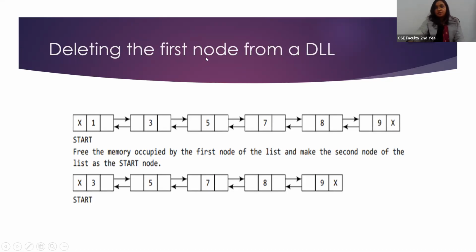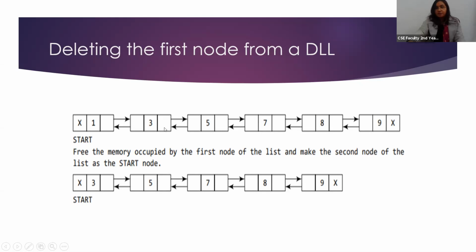So this is deleting the first node from the doubly linked list. This is the doubly linked list which is already present. You have to delete the first node, that means this node. If this node is deleted, then what are the changes? This node is going to be the first node. This is one change.